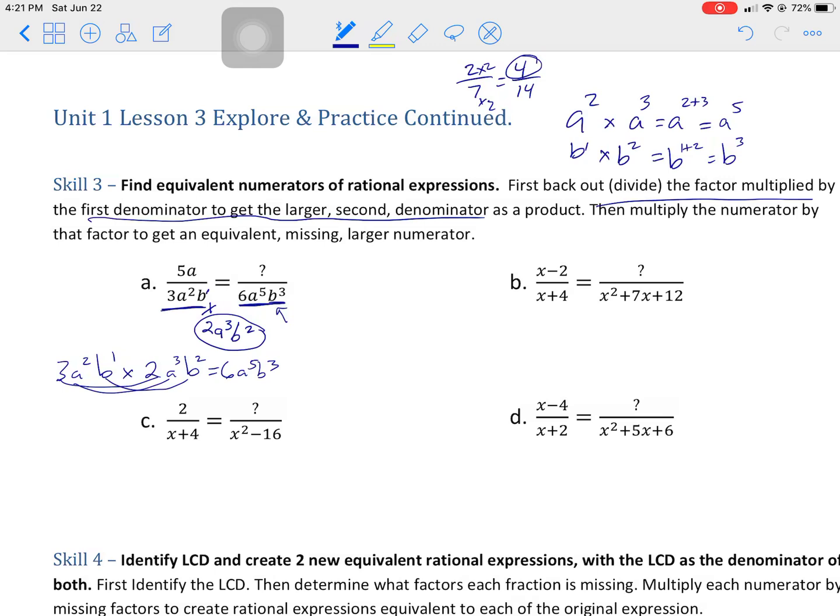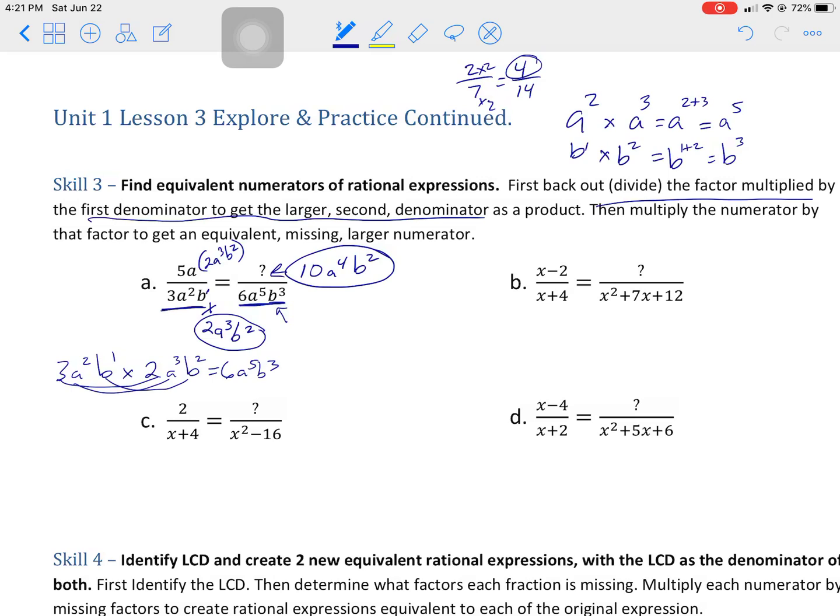So what we're going to do is multiply this by the common factor of 2a to the third b to the second. And what do you get when you do that? Well, 2 times 5 is 10. A to the first power times a to the third power adds their exponents, and the b comes along for the ride. Okay, so that is my answer that goes in that spot right there.